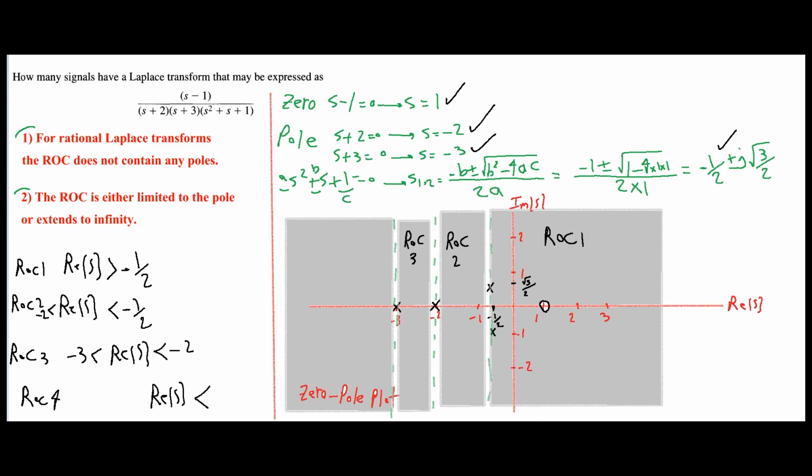Now, since we have obtained four different ROC, we can conclude that there are four different signals, which we can call x1 of t, x2 of t, x3 of t, and x4 of t, that can have this Laplace transform.